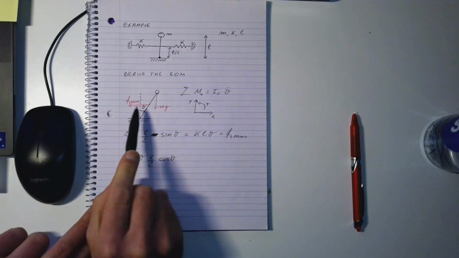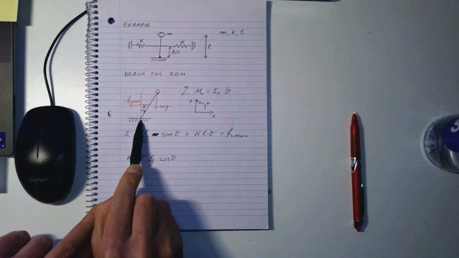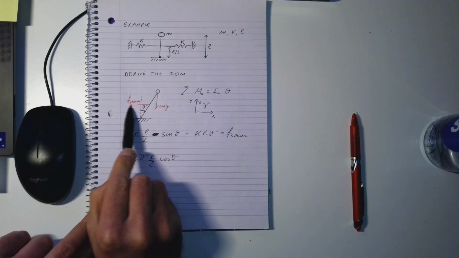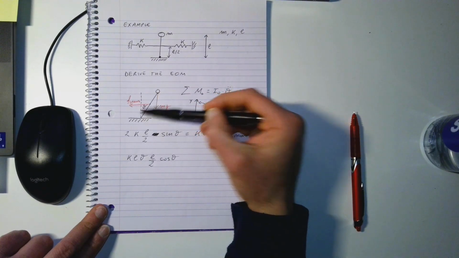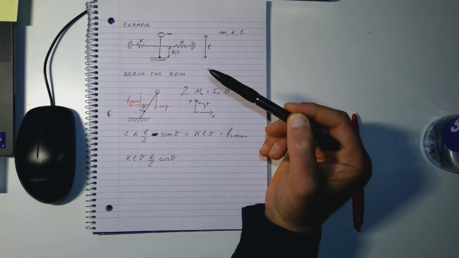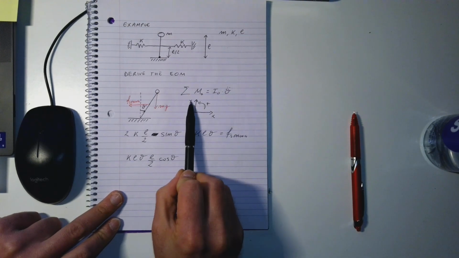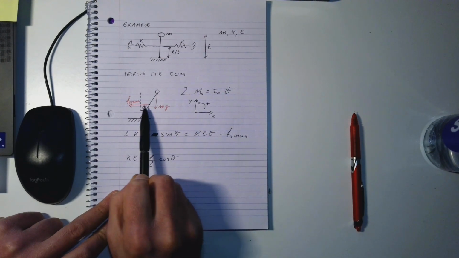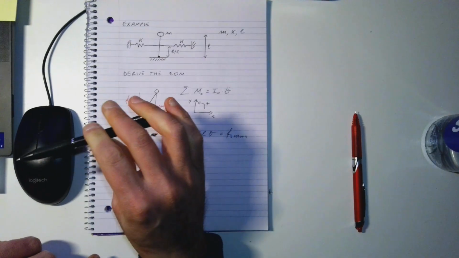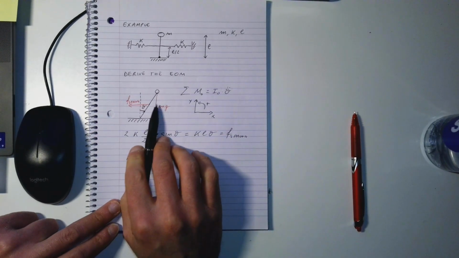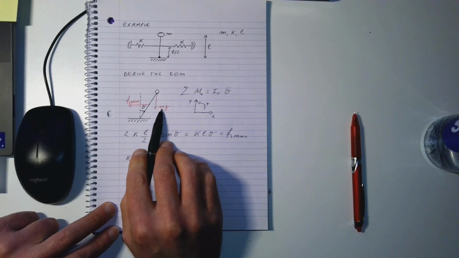Because again we have to calculate the moment of this force with respect to this point, which means this force times this distance here. And this is a positive moment because the moment of this force with respect to this point is counterclockwise. Then we look at the contribution of the gravity.